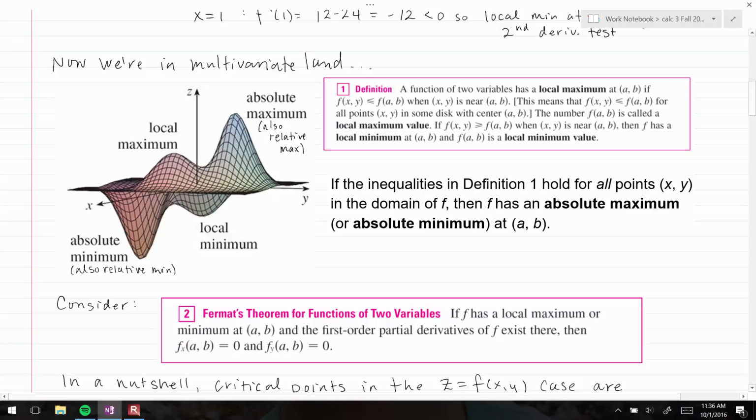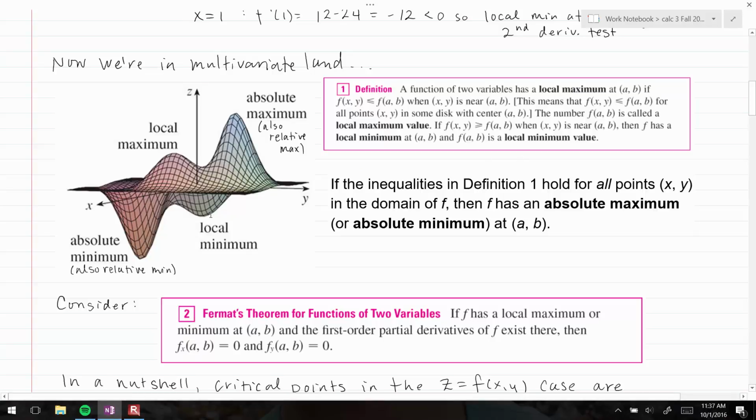Instead of having an open interval about a point like we did in the 2D situation, we have x and y as independent variables creating a disk, and the neighborhood now has area, and we're looking at whether z is in fact the highest place in that neighborhood. Same type of thing, it's just expanding a dimension to 2 independent variables as input.